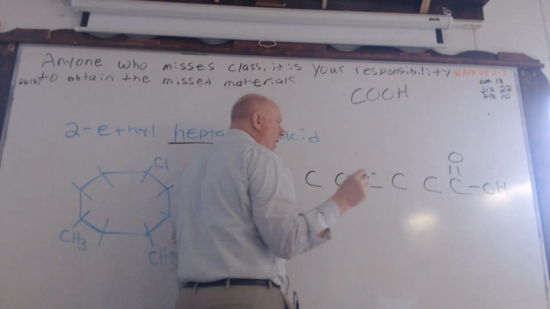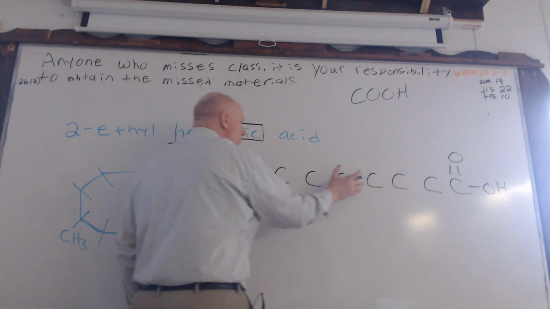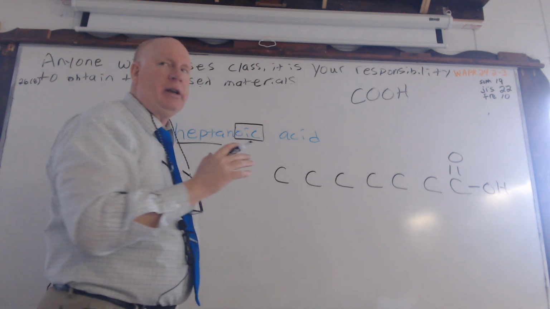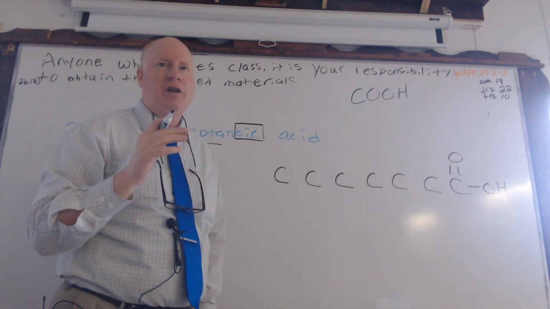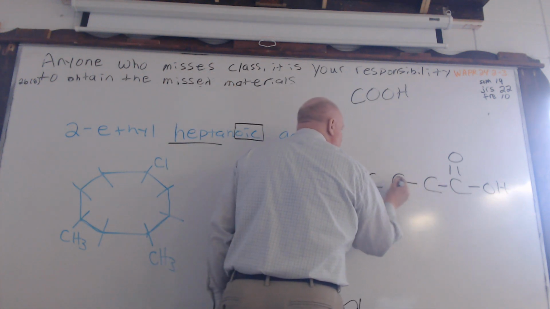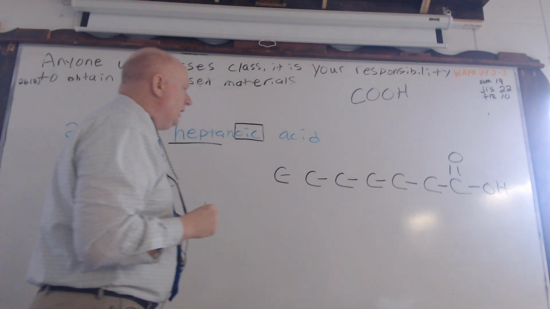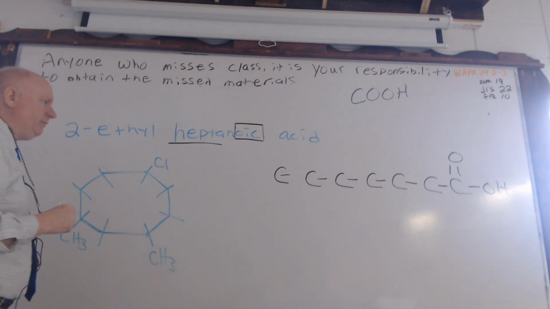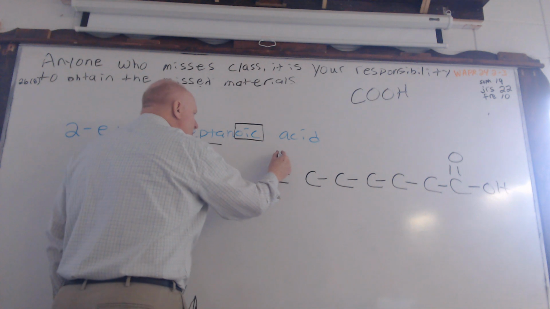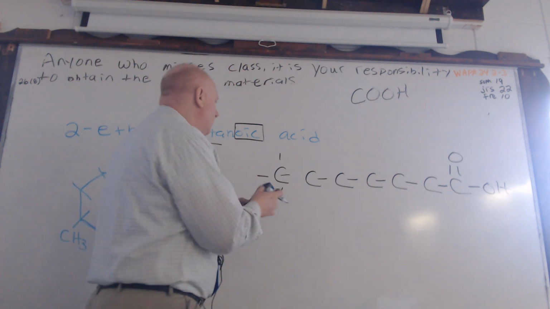So what about the bonding between these carbons now? Is anything double bonded throughout the rest of the compound? You're shaking your head no. That would be correct. So all of these are single bonded. Then the last thing we need to do is go ahead and put all of these bonds on here. That's bothering me.